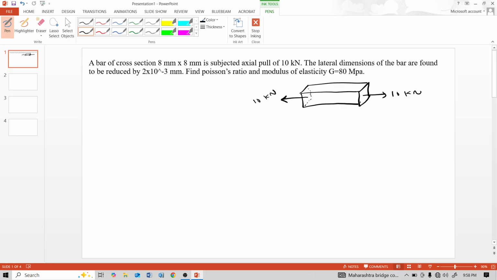And a bar of cross section, this side of the bar is width and this is thickness.